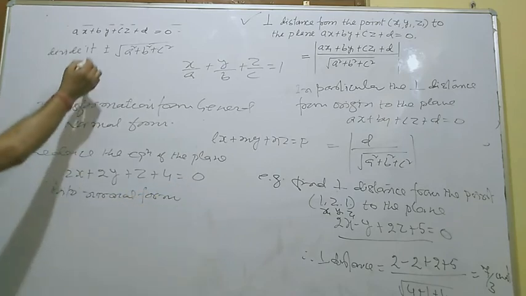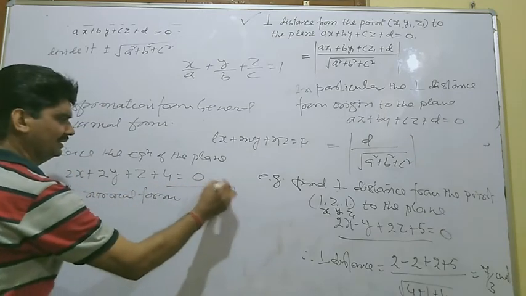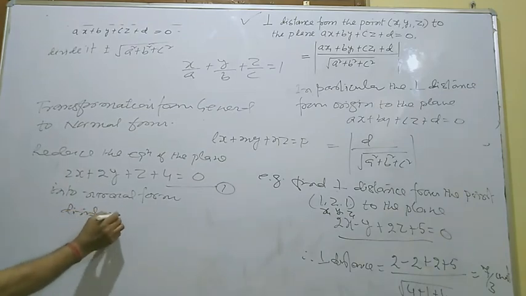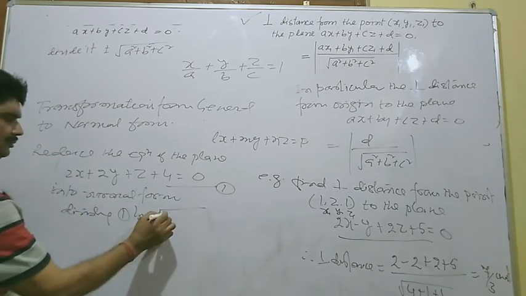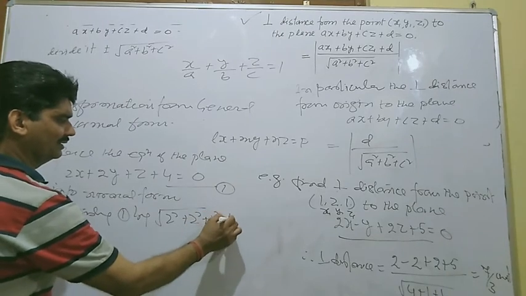As per the discussion, we divide by under root of 2 square plus 2 square plus 1 square, that is 3.